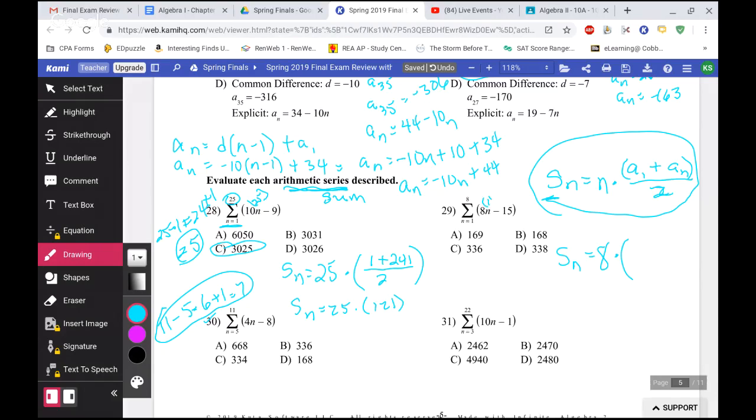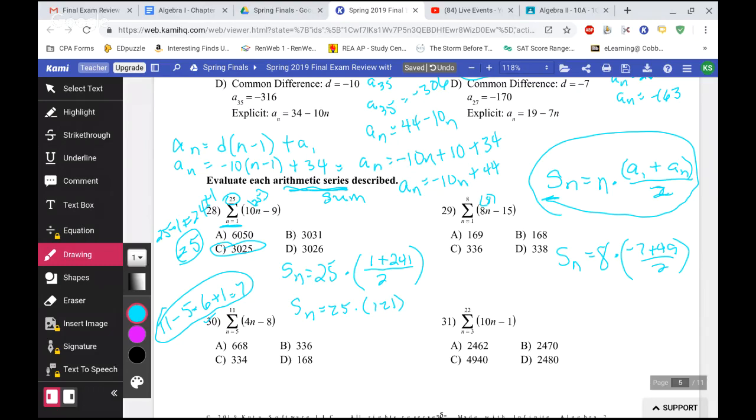Then you plug in the position to find the value of A1, which is 8 minus 15, which is negative 7, plus the value of the 8th term, which is 8 times 8 is 64, and 64 minus 15 is 49, all over 2.